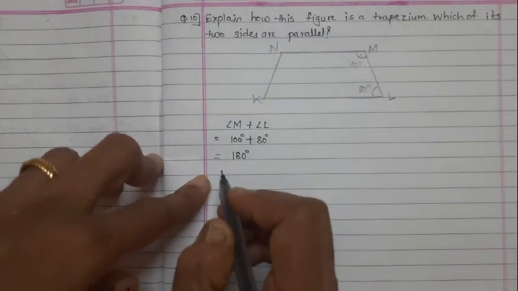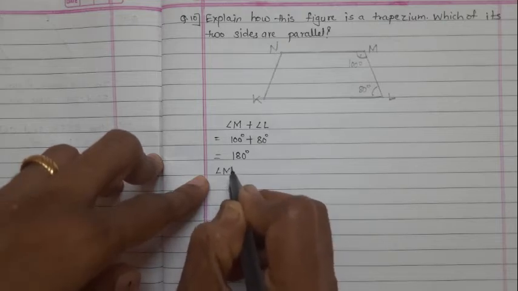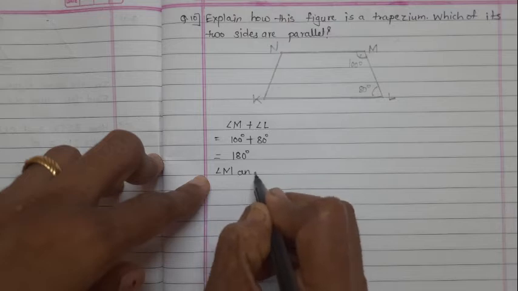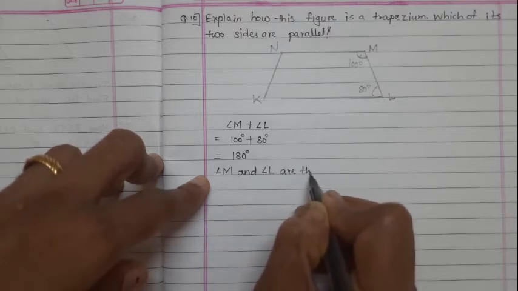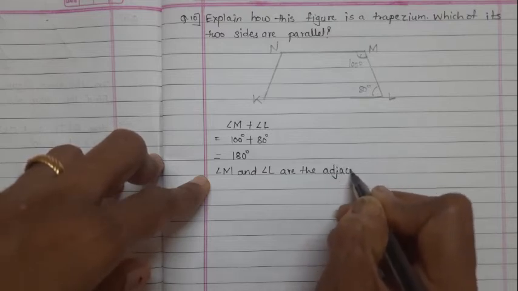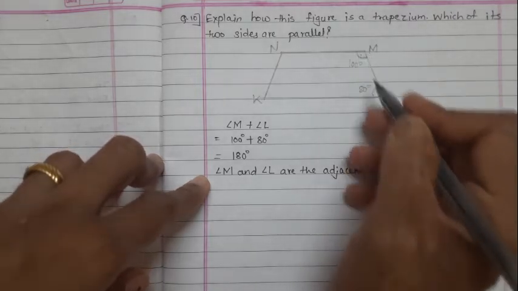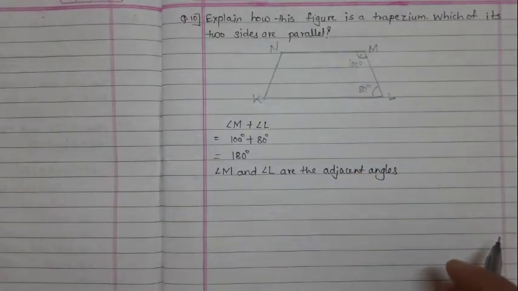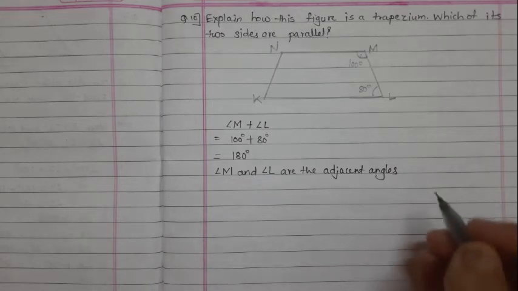Therefore what we will write here: angle M and angle L are the adjacent angles. Why? The sum of adjacent interior angles is 180 degree. We got its sum is 180 degree.